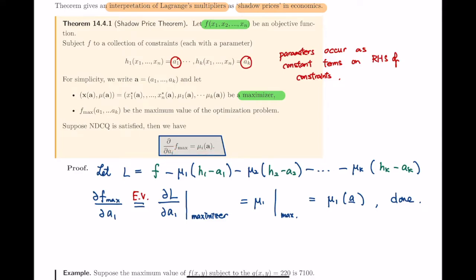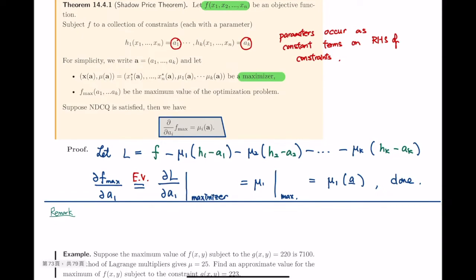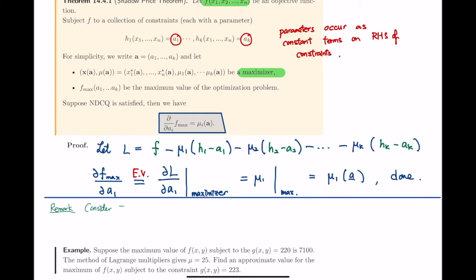But what is so interesting about this? Okay, so let me put a line here. And let me put a remark. Suppose you want to consider the optimization problem, that is the production function, for example, I call it big F of x, y, subject to a budget constraint.